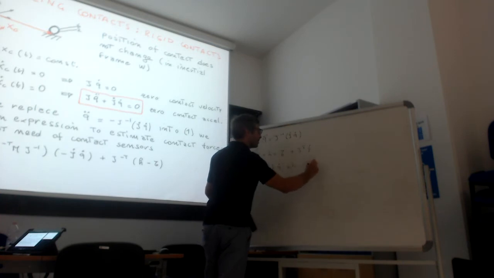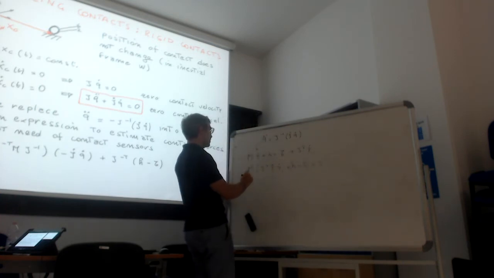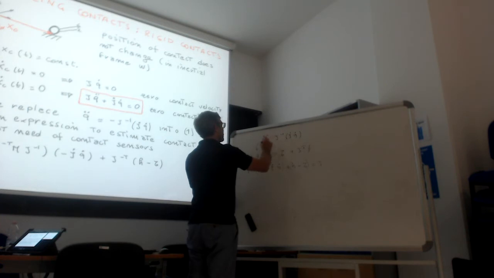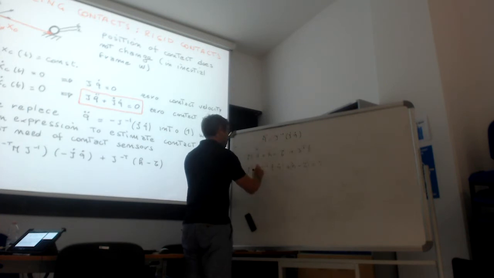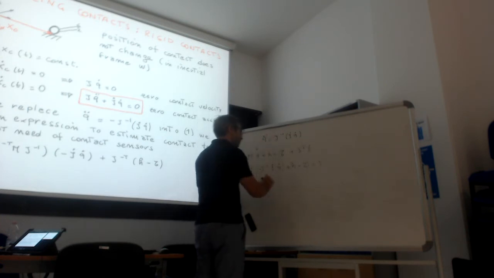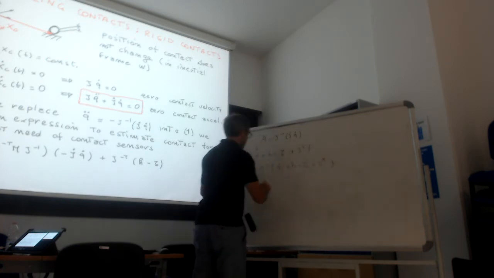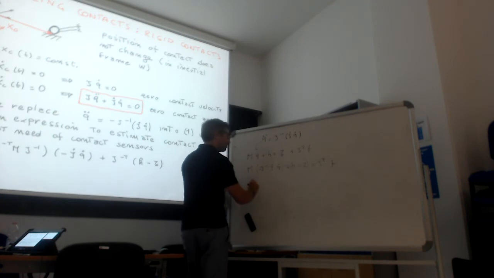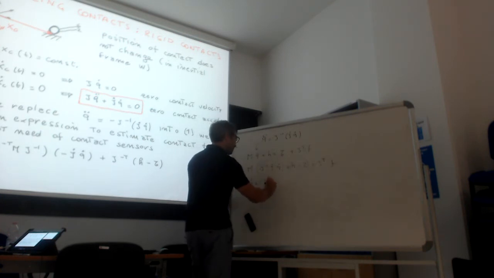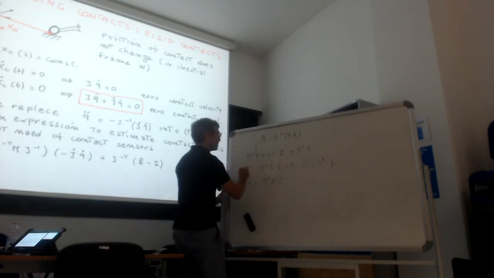There is a negative sign. Ah, yes, sorry. Equals J transpose f, and we can work out f as J transpose, sorry, we multiply by J minus transpose because we bring this to the other side.